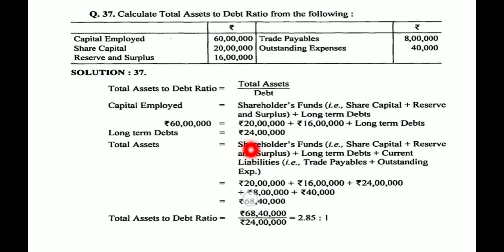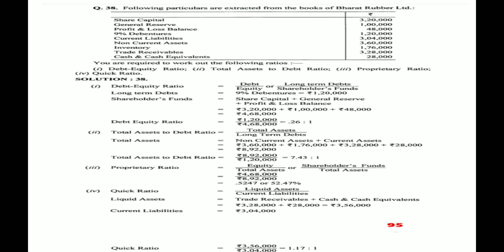Quite an easy question, 24 lakh here, and after that total asset will be calculated. Shareholders' fund plus long term debts plus current liability, and other liabilities are added, total asset, because total asset is equal to total liability. It is quite an easy question, and after that you can easily divide them, right? So you can easily solve this.